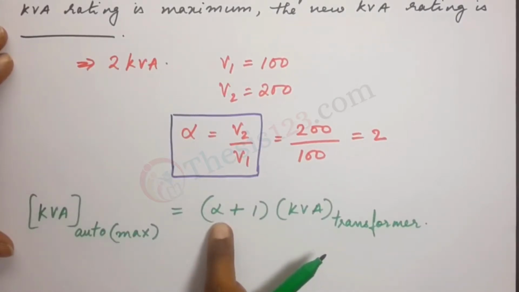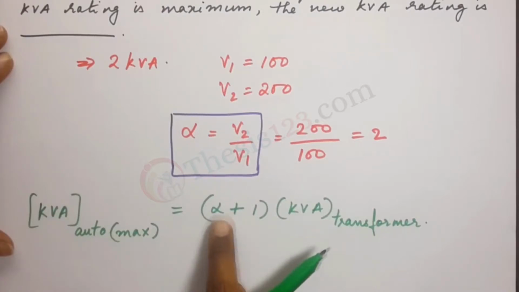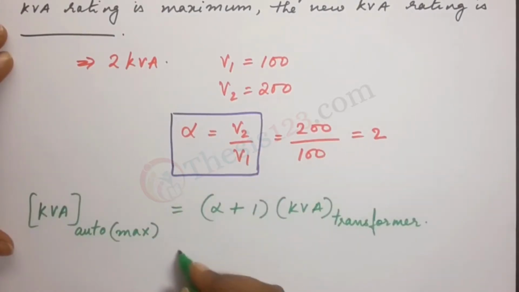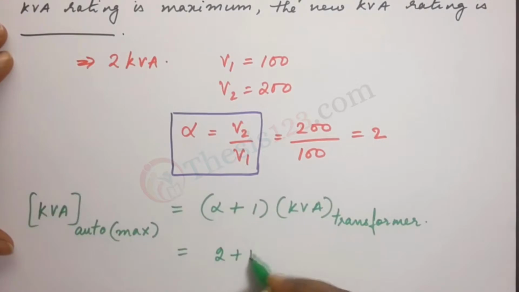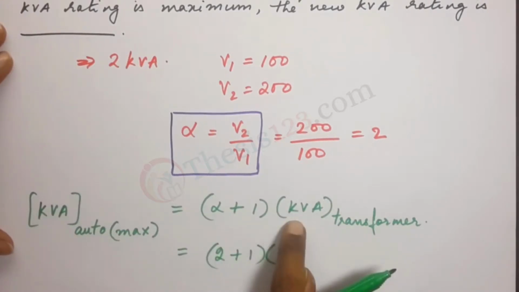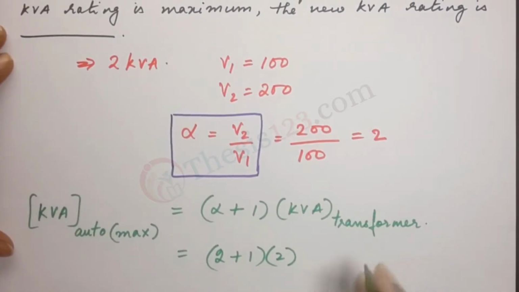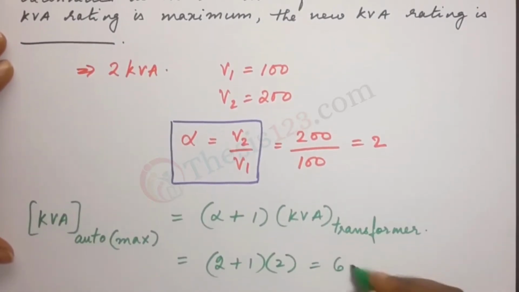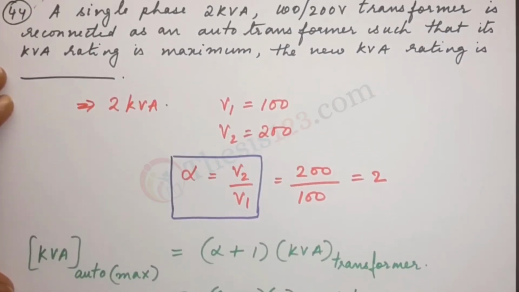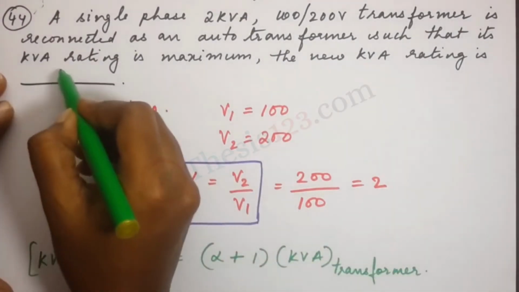We found the turns ratio or the winding ratio or the voltage ratio. It's all the same, which is 2. So here we have 2 plus 1 into the kVA rating given to us, which is 2. Okay, so 2 plus 1, that's 3. 3 times 2 is 6. So the answer is 6 kVA.